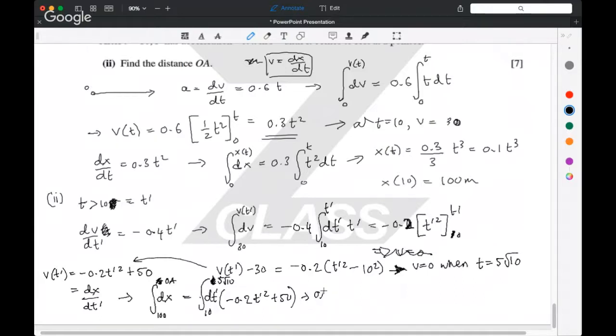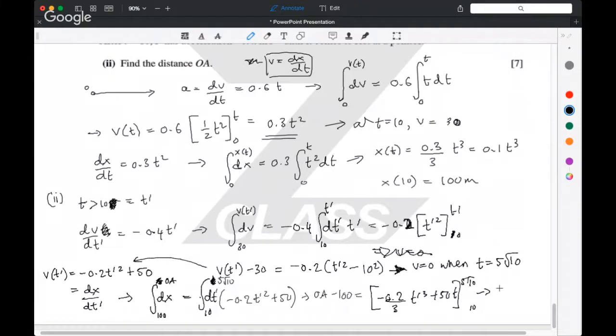So this means that OA minus 100, which is on the left-hand side, is equal to minus 0.2 over 3 t prime cubed plus 50 t prime, evaluated between 10 and 5 square root 10.